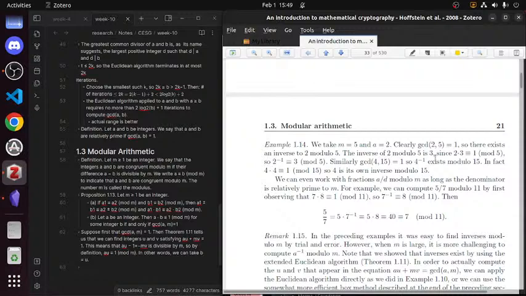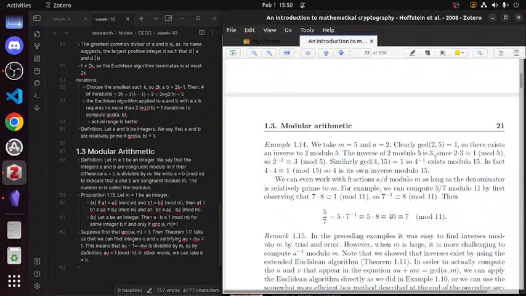So 4 inverse exists modulo 15, because 4 is A and 15 is M. In fact, 4 times 4 is congruent to 1 mod 15. So 4 is its own inverse, modulo 15. I feel like I've read this three times and I'm understanding it sort of mostly now, I guess.